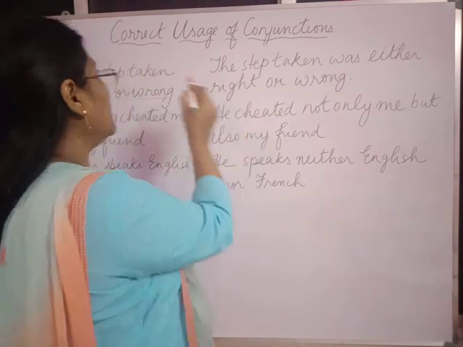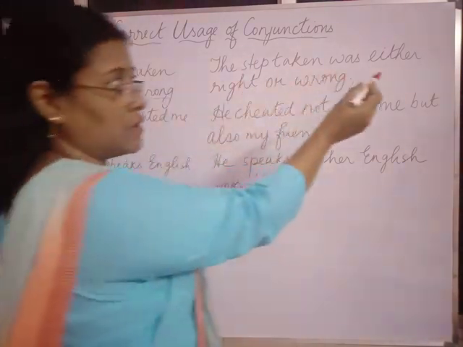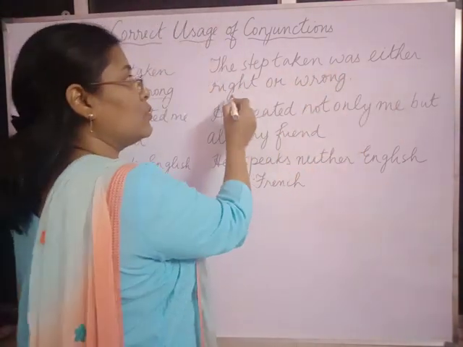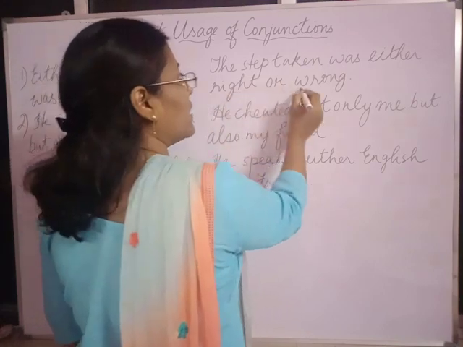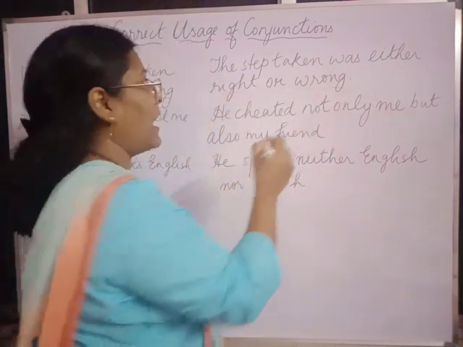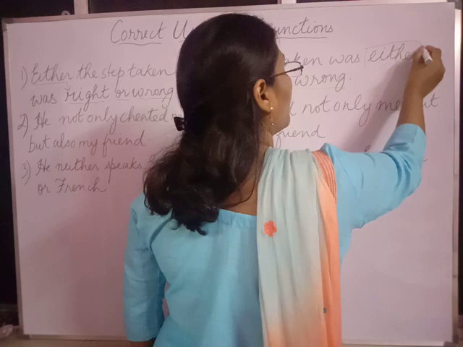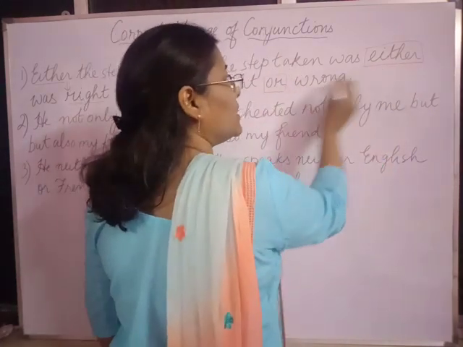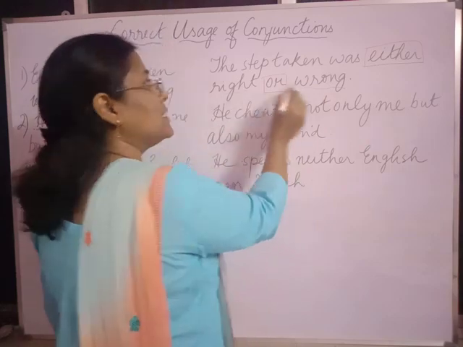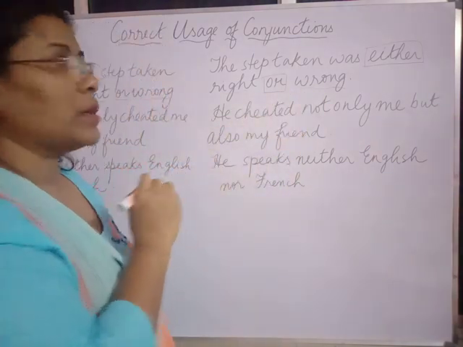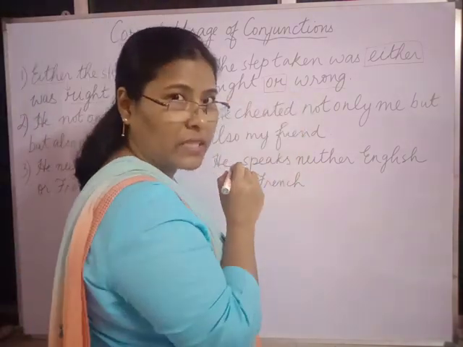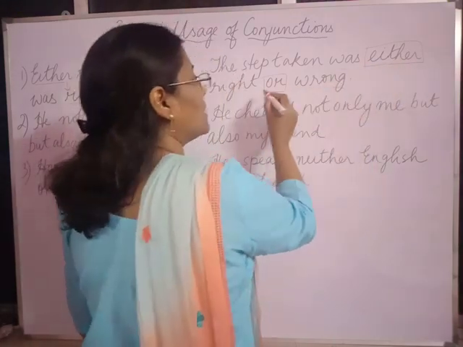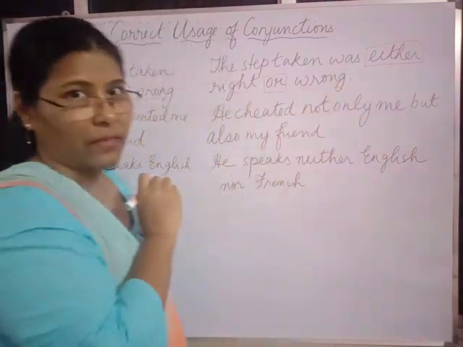So you see, "either" is shifted just beside the two related words. "Right" and "wrong" are the related words, and the correlative conjunctions are placed beside them.